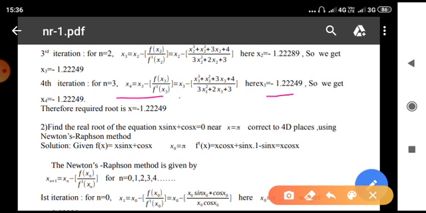When you substitute here in this equation, we get x4 as minus 1.22249. So the required root correct to four decimal places is x equal to minus 1.22249.